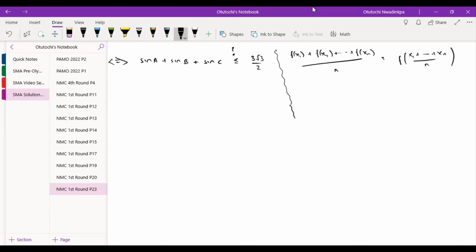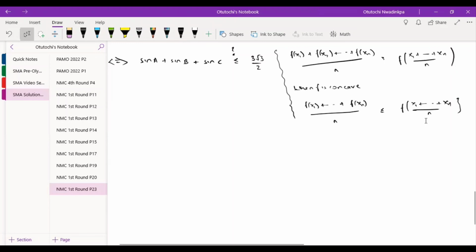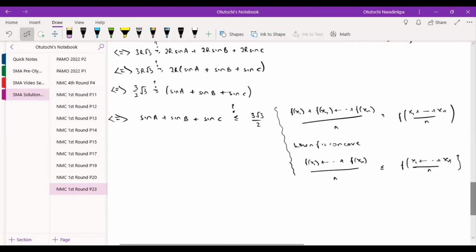But what I'm going to use is the converse of this, which is for when f is concave, right? So when f is concave in the interval, then f of x1 up to f of xn over n is less than or equal to f of x1 up to xn over n.